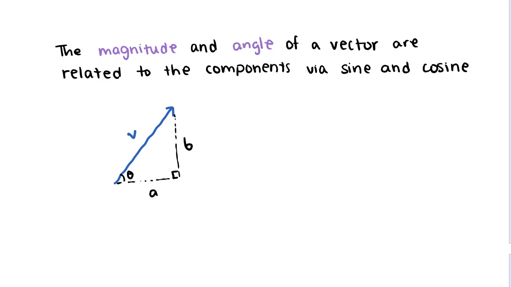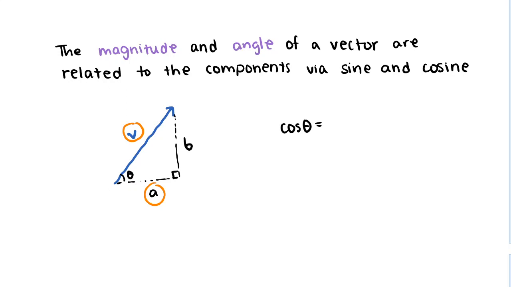If I write down cosine of theta, if I remember my right triangle trigonometry, it's the adjacent side to our angle theta, the side next to it, divided by the length of the hypotenuse of this right triangle.